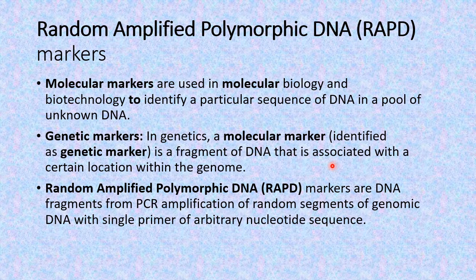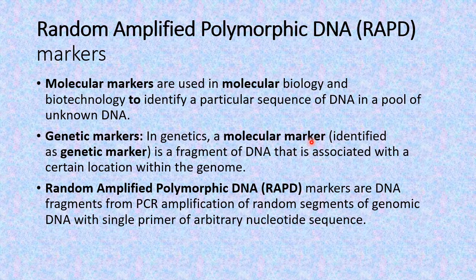Because in order to prepare a genetic map, a physical map, we need certain identifiable locations in the genome with reference to which we can denote the position of the given gene.